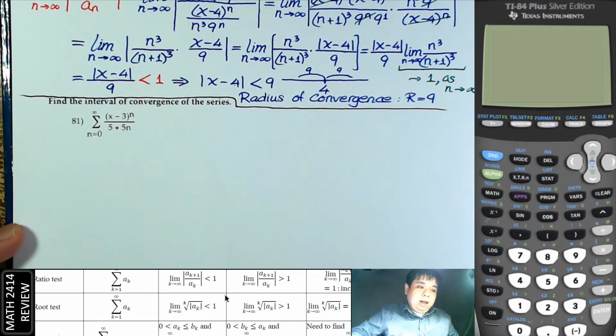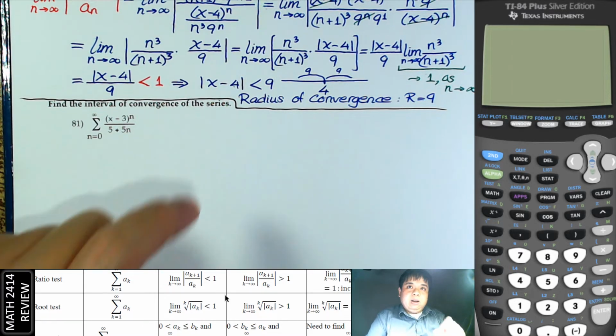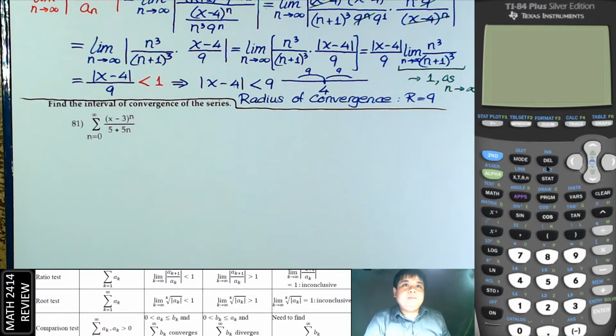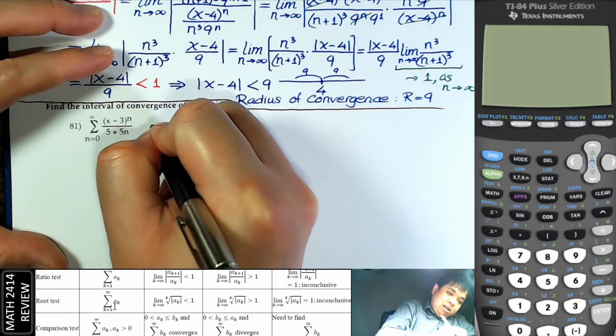Next, we will find the interval of convergence. So this is one step further. Not only do we find the radius of convergence, we find the interval, meaning we have to check the boundary as well. So once again, write out the n term.